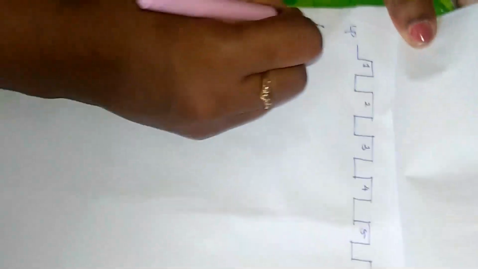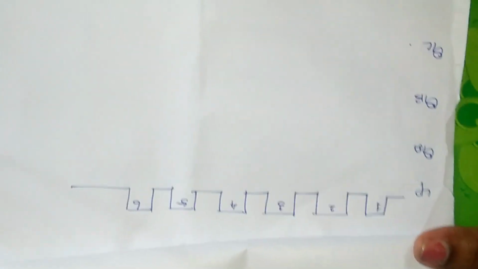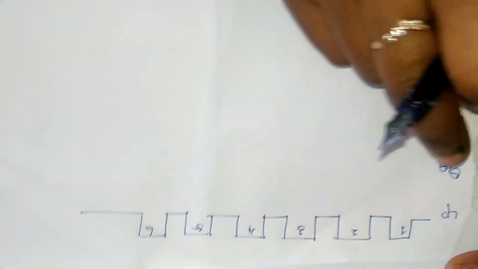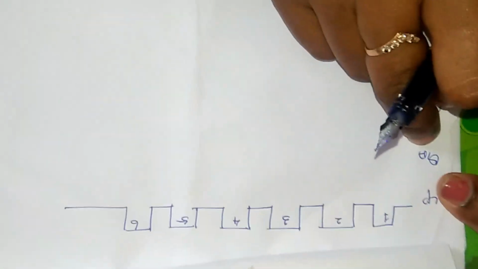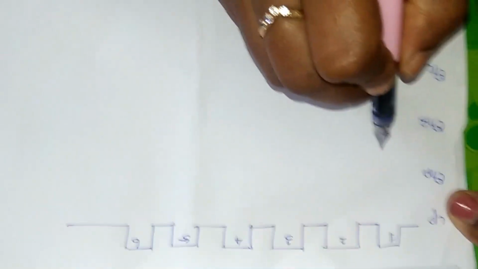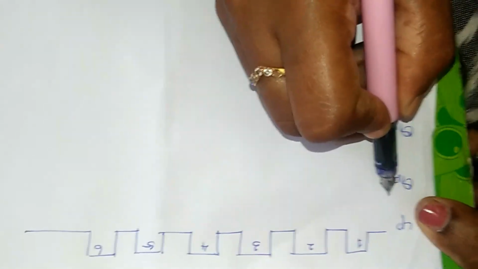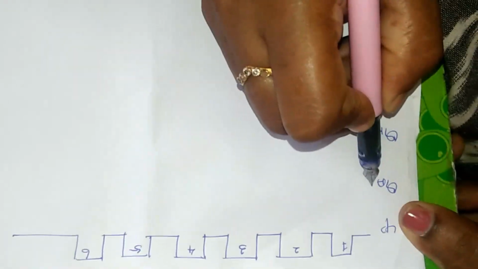Now for QA, QB, QC, you will have to use the excitation table of the counter as reference. For QA, the sequence of counting is 0, 1, 0, 1 and 0. Based on the count sequence, I'll have to draw it.